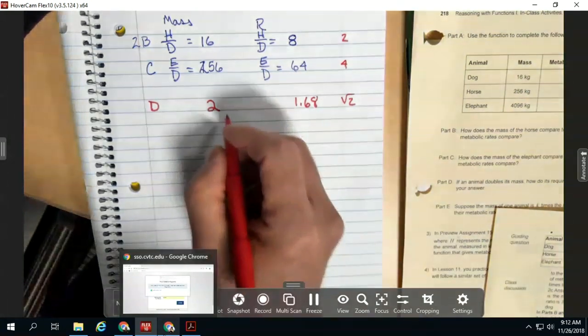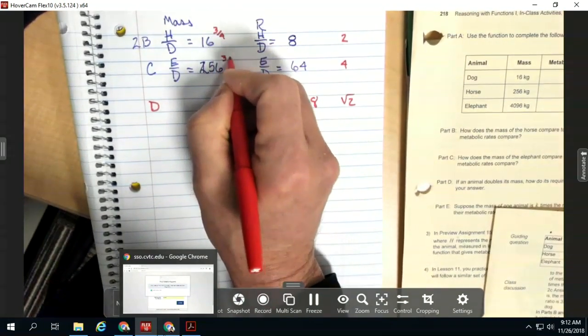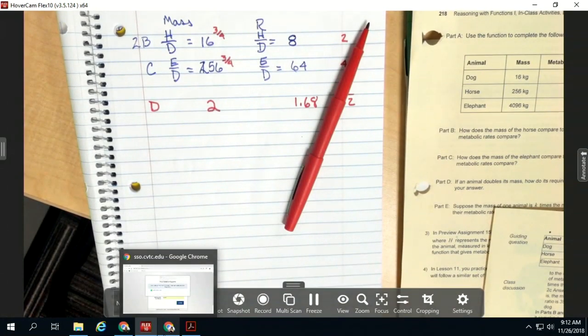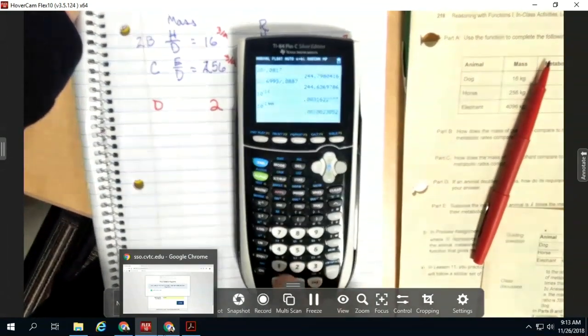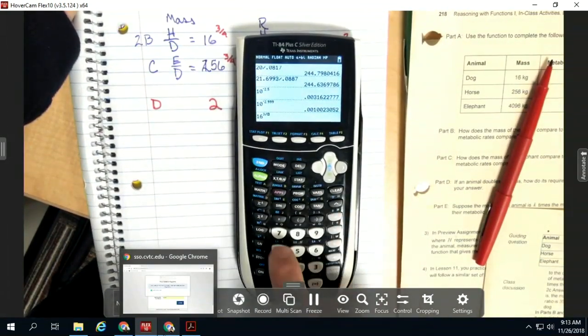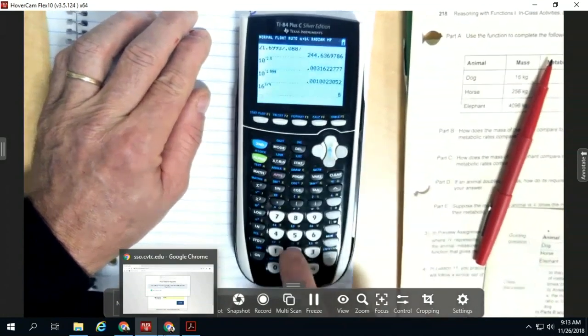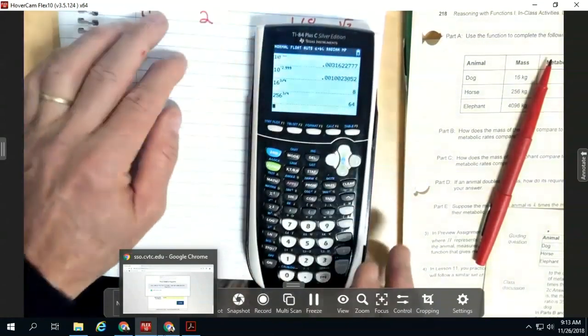In other words, for each one of these, if you take this number to the 3/4, let's try it and see what we get. 16 to the 3/4 is 8. 256 to the 3/4 is 64.